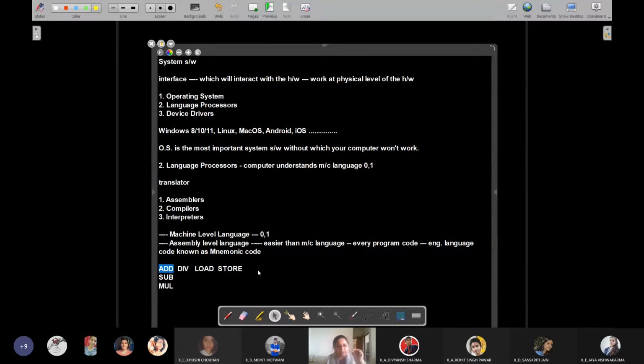Also, it was difficult to debug, that is to correct the errors. That is the reason why short codes were introduced, known as mnemonics, and this language came to be known as assembly level language.